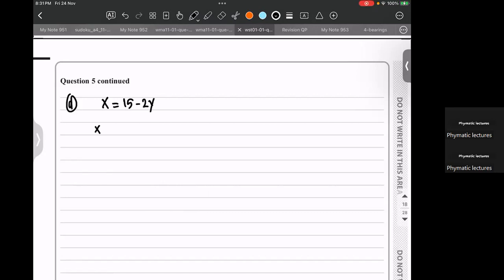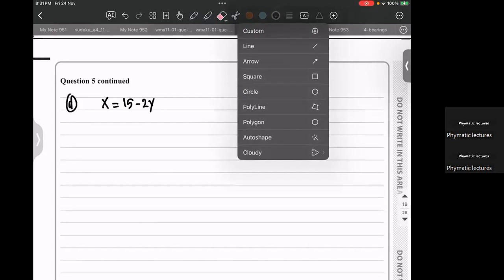So please find the values of x. I will just make a table.